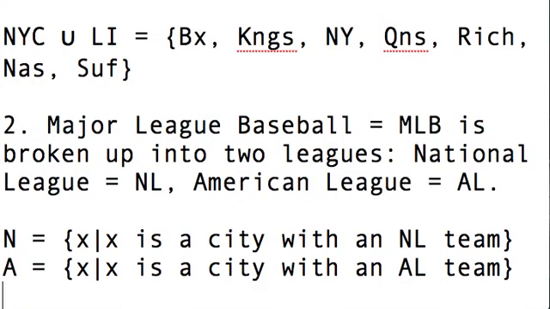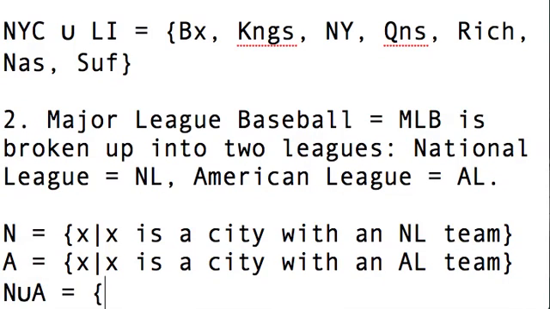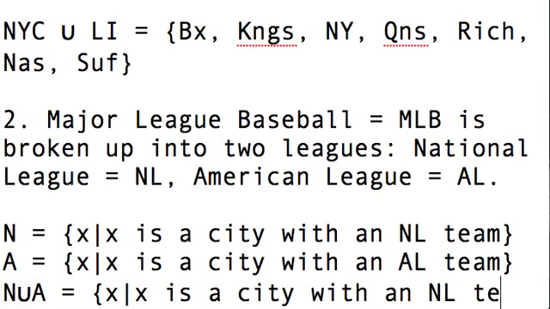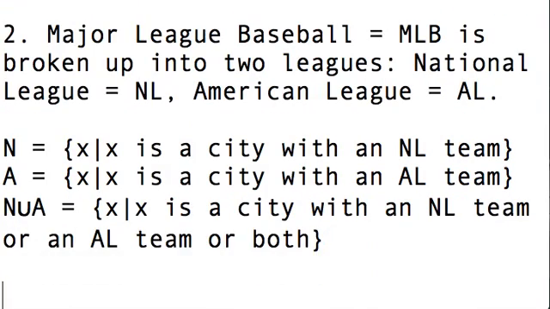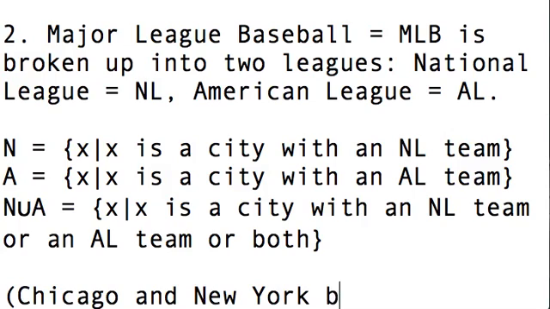Okay. Well, if I take N union A, I just get all X such that X is a city with an NL team or an AL team or both. Now first let me just note that Chicago and New York have both.